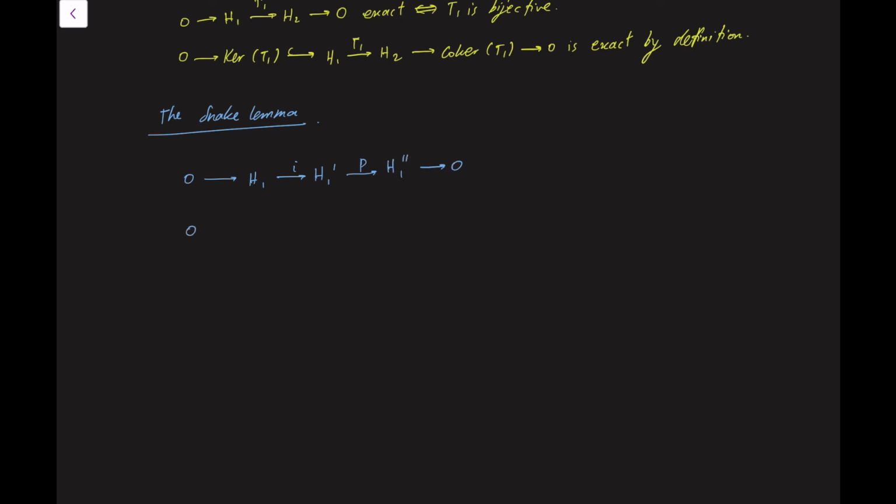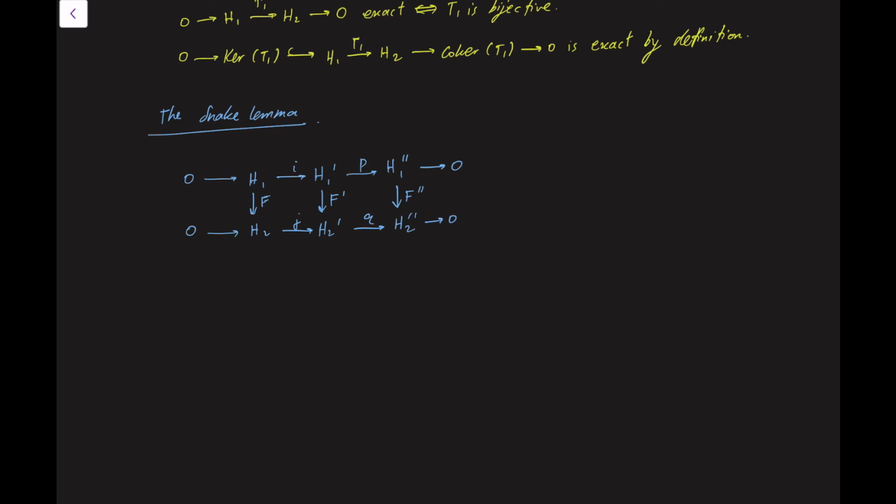So there's two sequences, two horizontal sequences, like so. And vertical maps between each of these horizontal sequences. We suggestively write f, f prime, and f double prime.